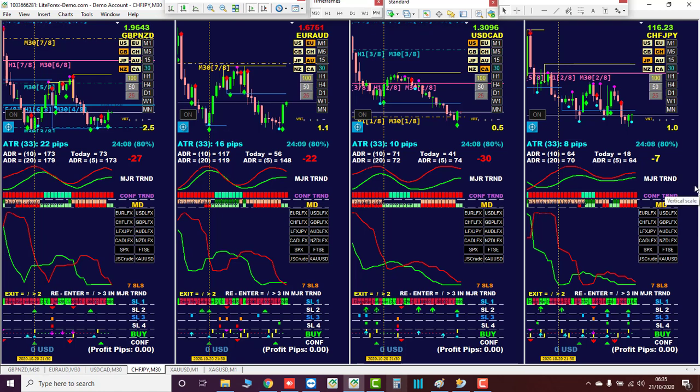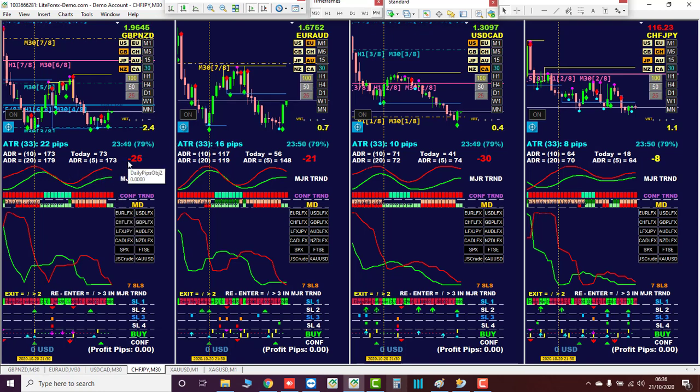Alright then, how are we going to find a new trend or new direction for our trade for the day? We look for the major trend first. We'll take an example for all the pairs, Pound and New Zealand first, and I'll walk you through. To determine the major trend for the whole day, in this case the red is on top, and red represents selling pressure.